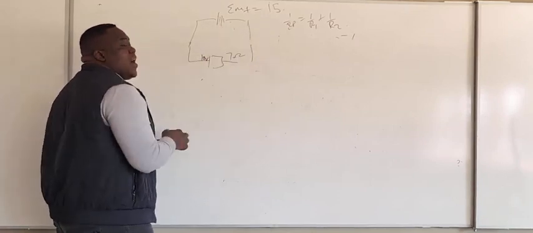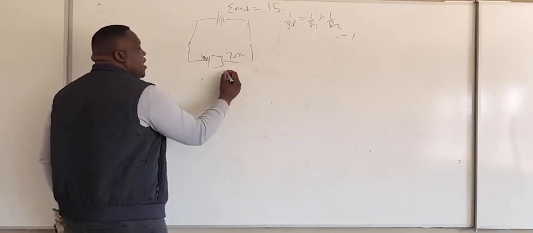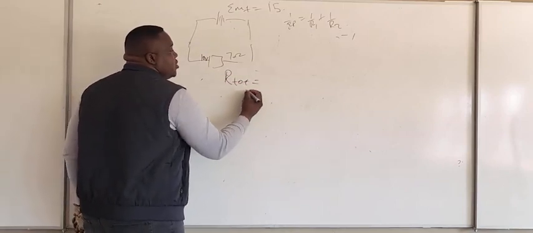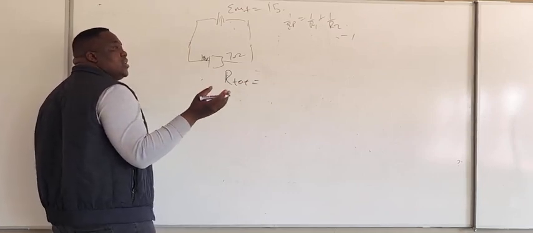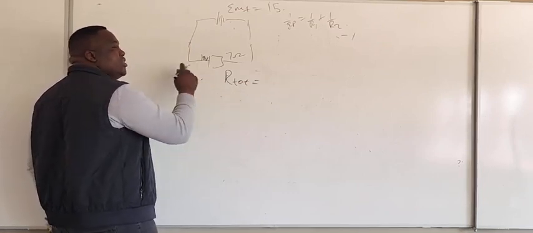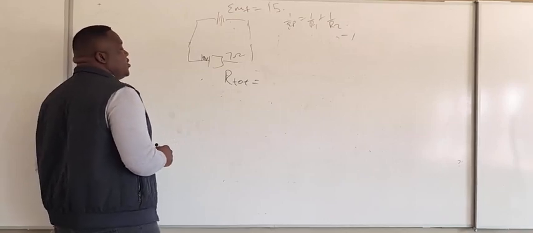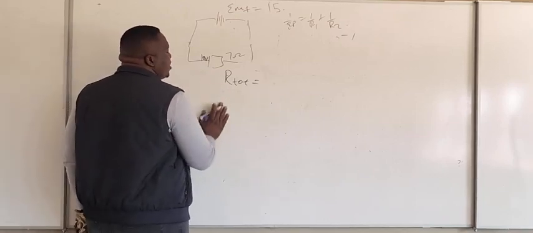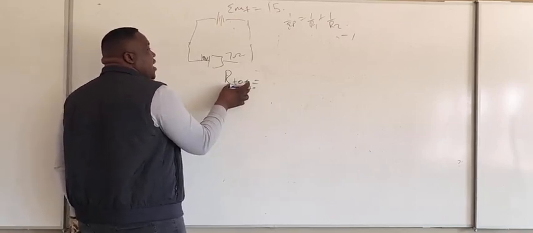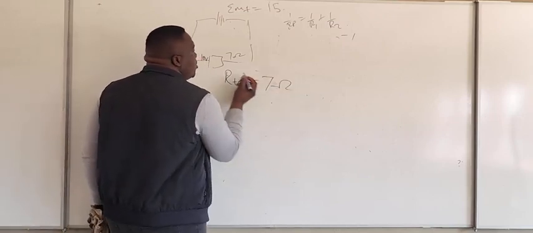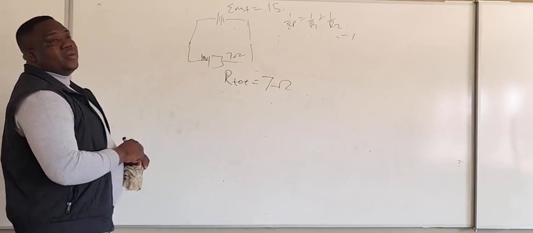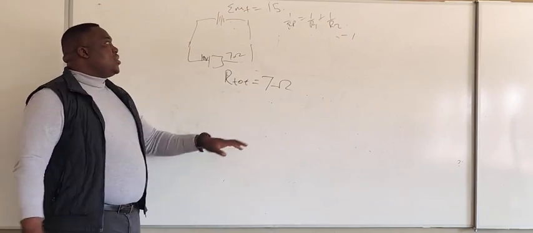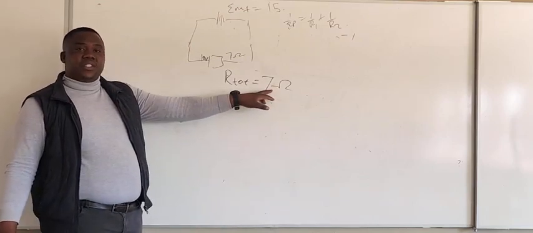Now, not total resistance, because resistor is an object. Resistance is not an object, something that you cannot touch. A resistor you can touch. So total resistance is 7 ohms, because we only have one resistor there, which is in series with the wall circuit. So we've got 7 ohms.